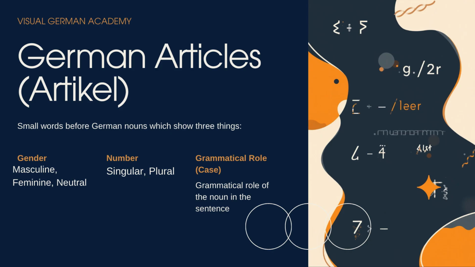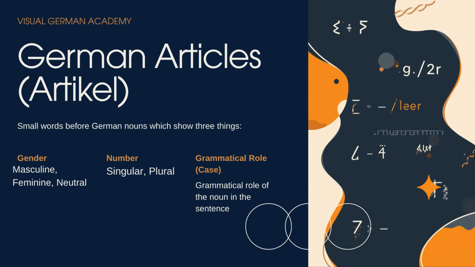The third thing is the grammatical role of the noun in the sentence. Every noun has a grammatical role in a particular sentence, and it always differs from one to another.